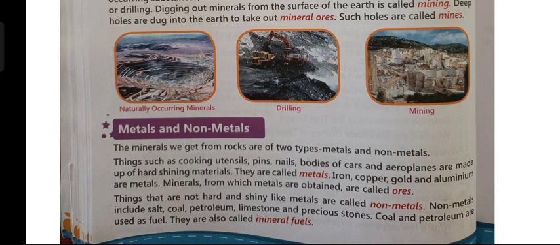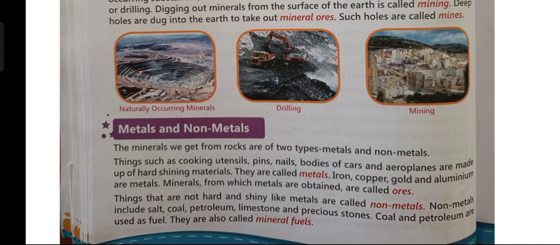And these materials only are known as metals. Now, what are the examples of metals? Examples of metals are iron, copper, gold, and aluminium. These are all examples of metals.